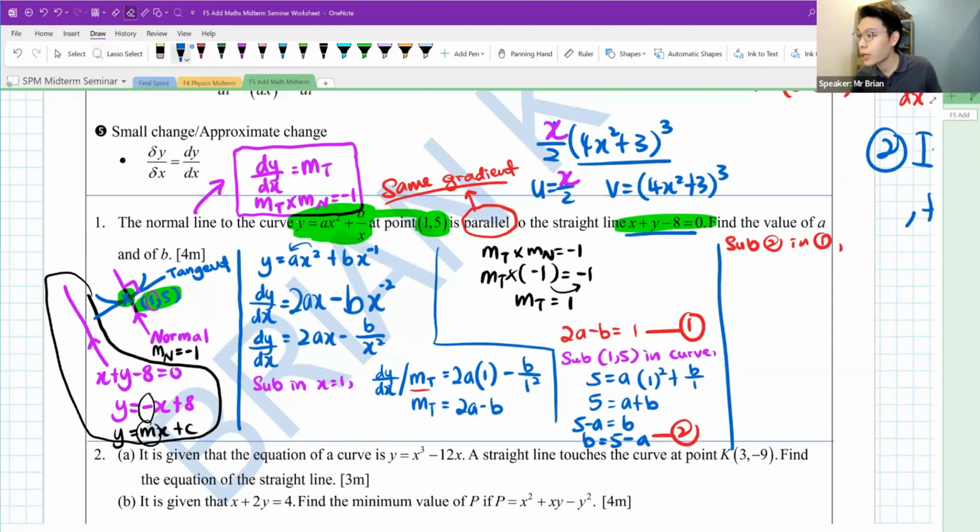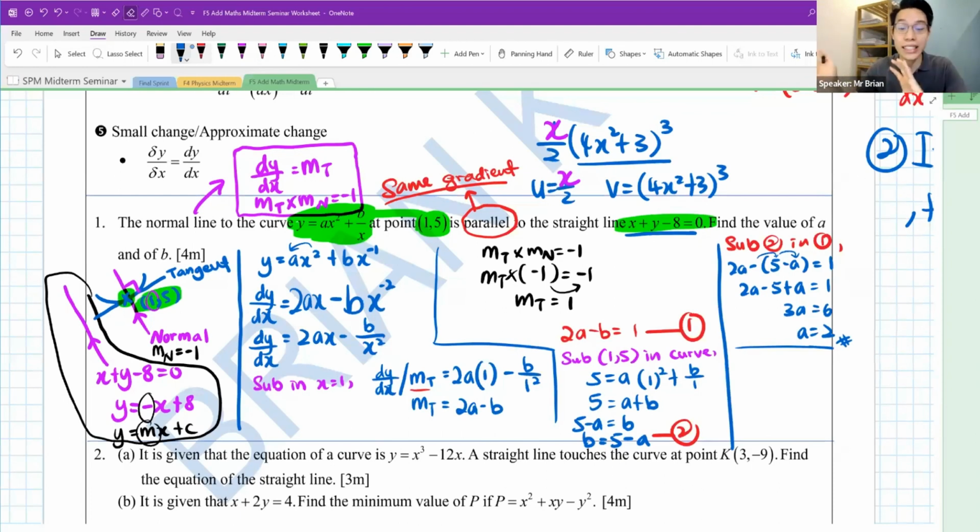Sub 2 into 1, you have 2b minus a equals 1. All this you'll do yourself. 6 divided by 3, I get a equals 2. I know I do a bit fast here, but I don't want to spend too much time. I trust that you all know how to do simultaneous equations.